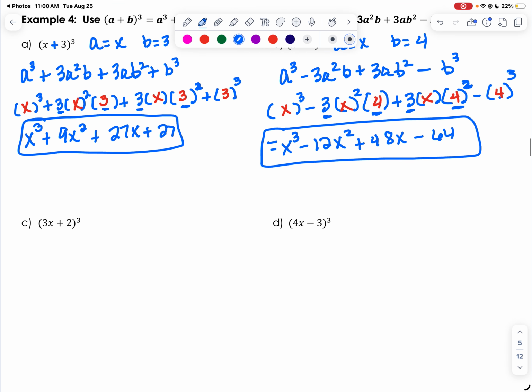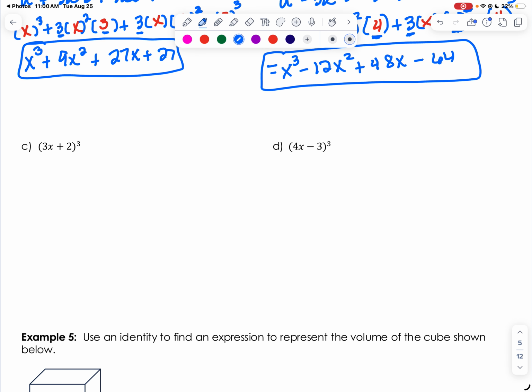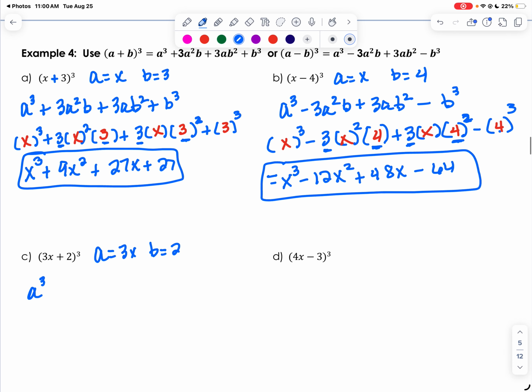All right, problem C, 3x plus 2 to the third power. So my a term is 3x, my b term is 2. The identity I'm going to use is a cubed plus 3a squared b plus 3ab squared plus b cubed.